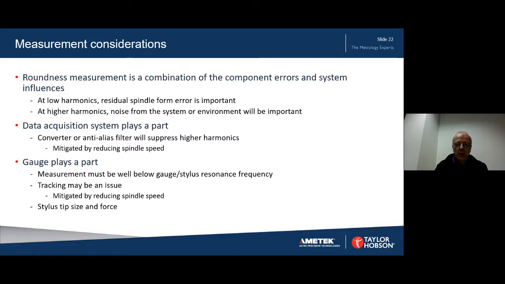Again, a reduction in spindle speed might help to mitigate this effect. The stylus tip also acts as a morphological filter and must be chosen to be appropriate to the harmonic wavelength and amplitude. Clearly, the stylus tip size needs to be specified as one of the measurement conditions.